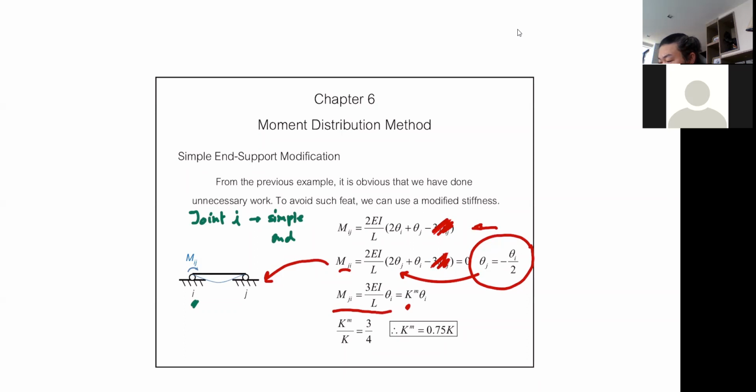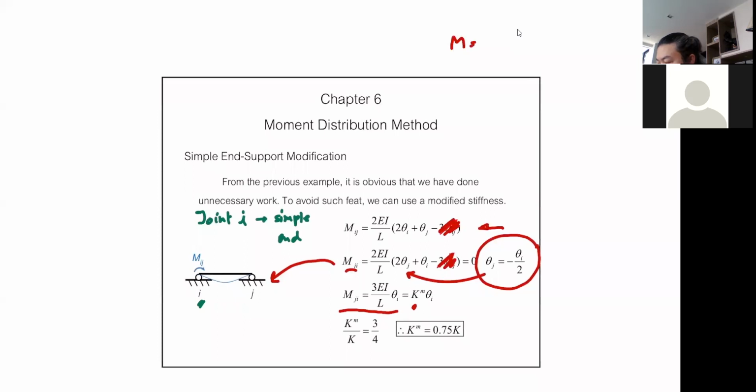But you should be able to recall, from the way we proved moment distribution, that the typical stiffness for your structure under bending is 4EI over L.